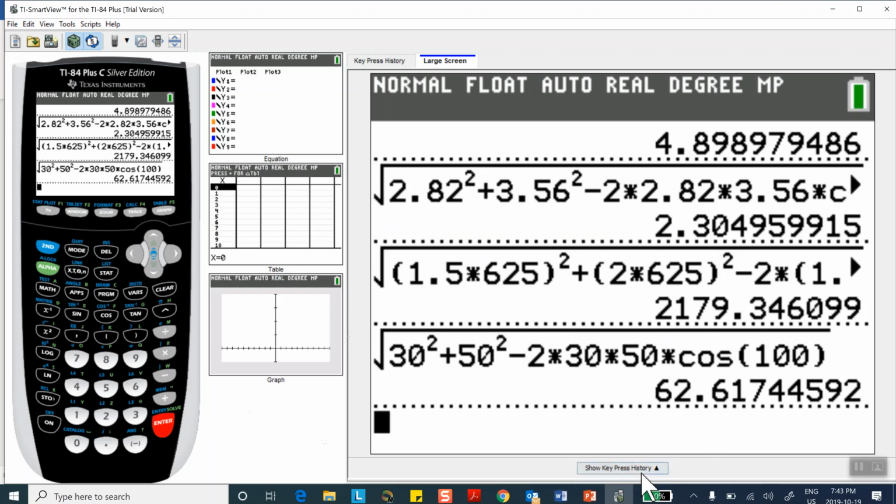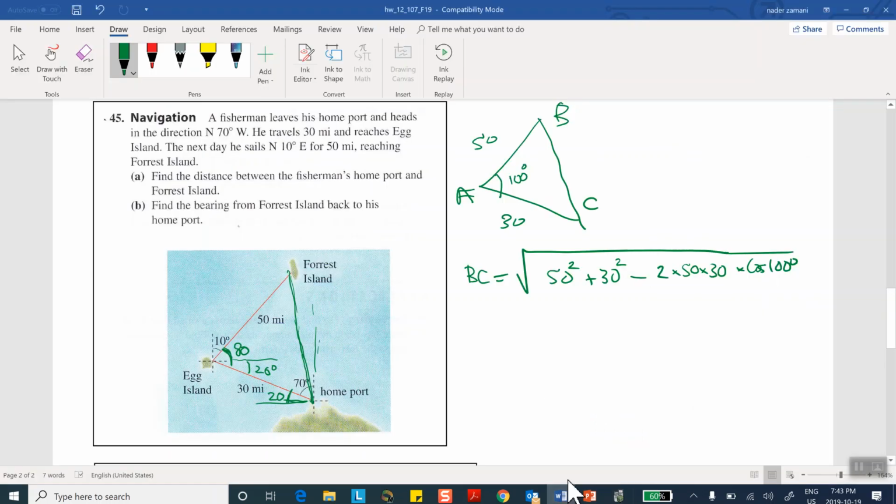62.61. If I round it to the second digit, 61.62. So this is approximately 61.62 miles. That's this, 61.62. And I think here in part B, my understanding is that you're asking about this angle, okay?